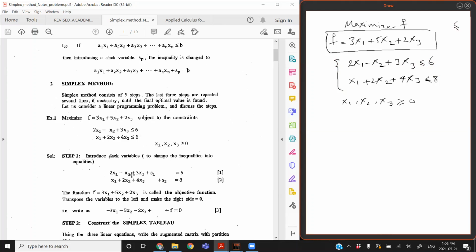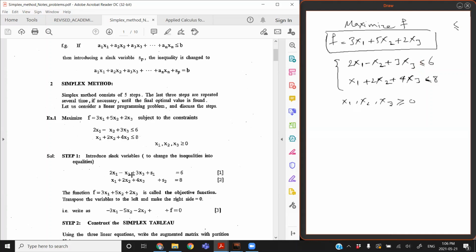So there are three things that make this problem a standard form. The first one is that you have your variables, all of them are non-negative. The second thing is that the inequalities given have the form less than or equal to.